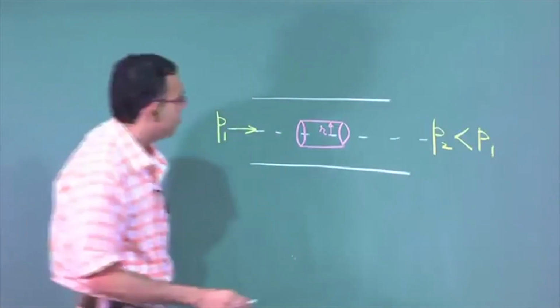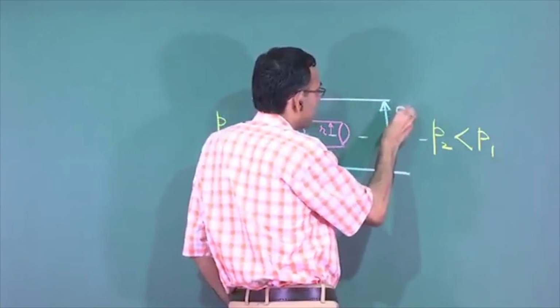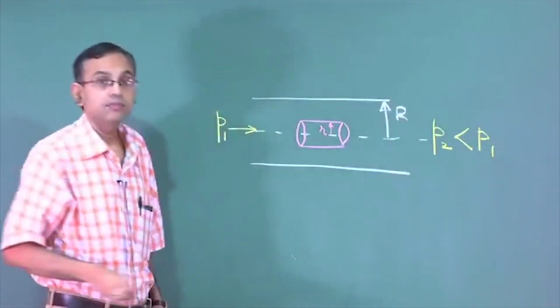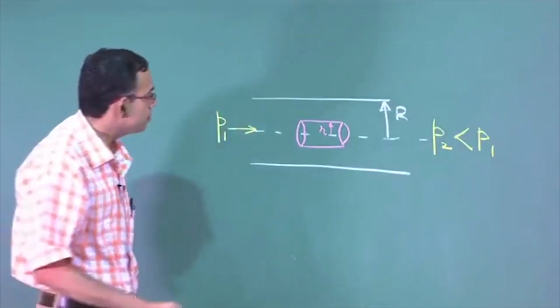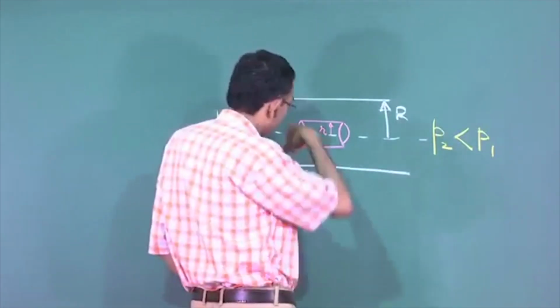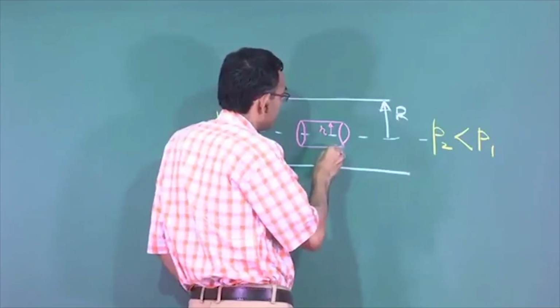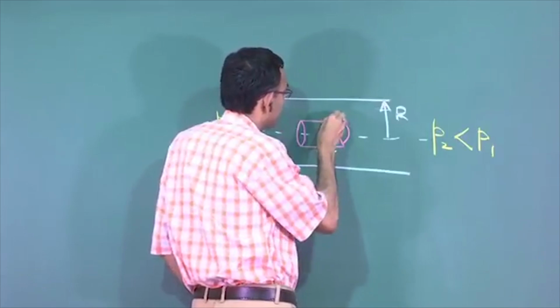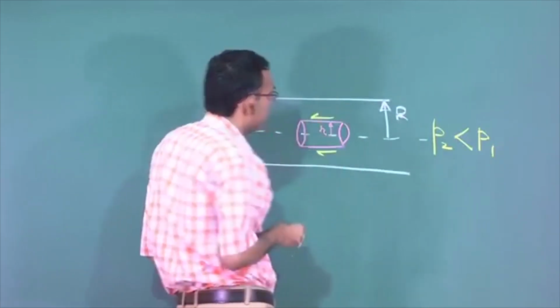Radius of the pipe or the channel is capital R. So, now let us identify various forces. So, the first force that we can identify is the shear force.